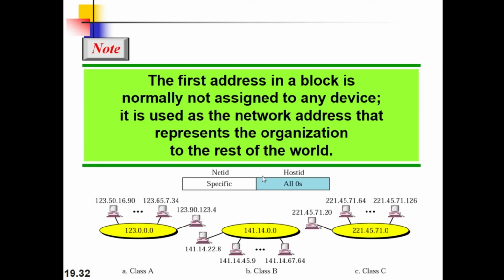So the net ID is specific, the host ID is all zeros. Here we have class A, class B, and class C. This one refers to the network address, and how they communicate from this one to this one to this one.